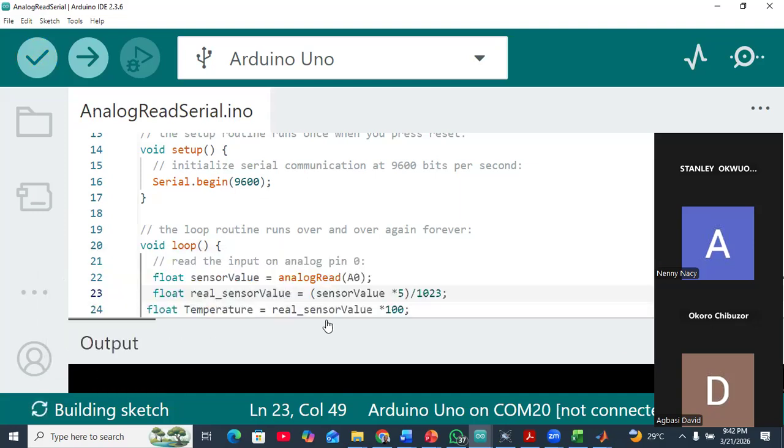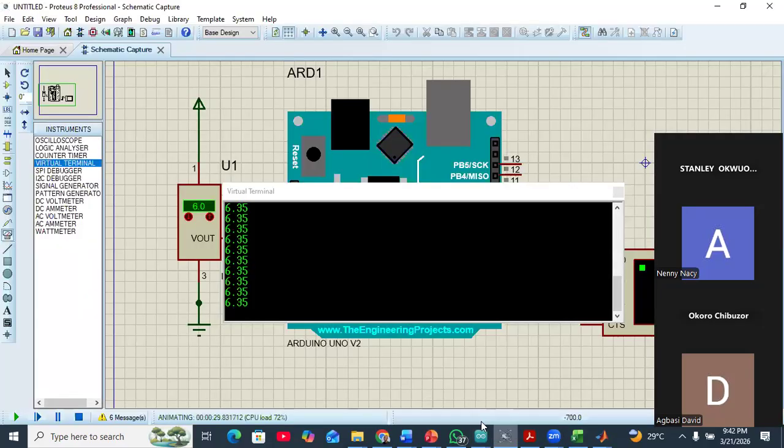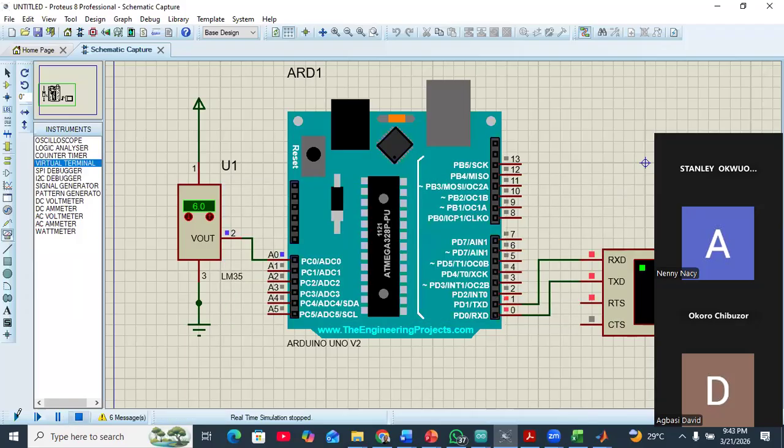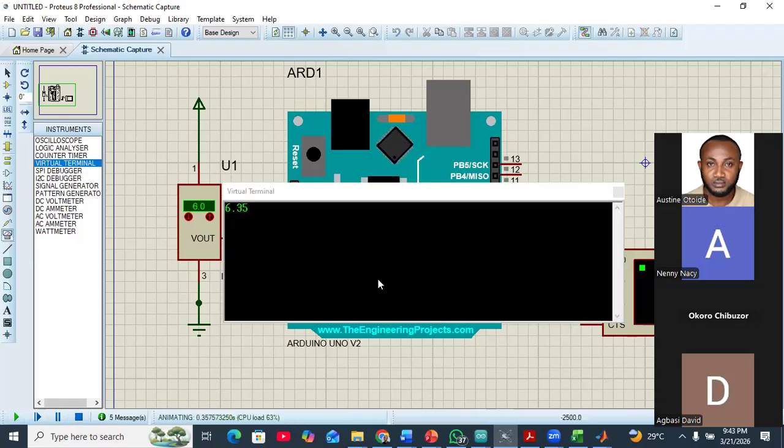Okay, we'll stop the simulation and start again. Let's see what it gives us. Okay, still doing the same thing. 8, 9. At least we can see that the integer value is correct.